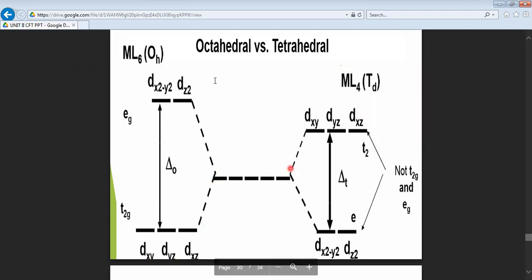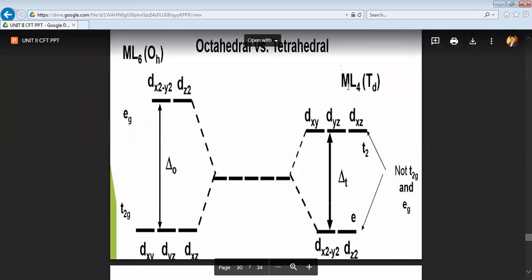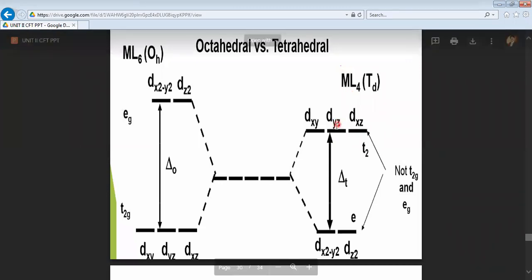In the opposite case, the ligands approach in between the axes. That's why this structure is formed. Between the axes, the orbitals and ligands are more repulsive, so they jump to a higher energy state. dxy, dyz, dzx are higher energy.